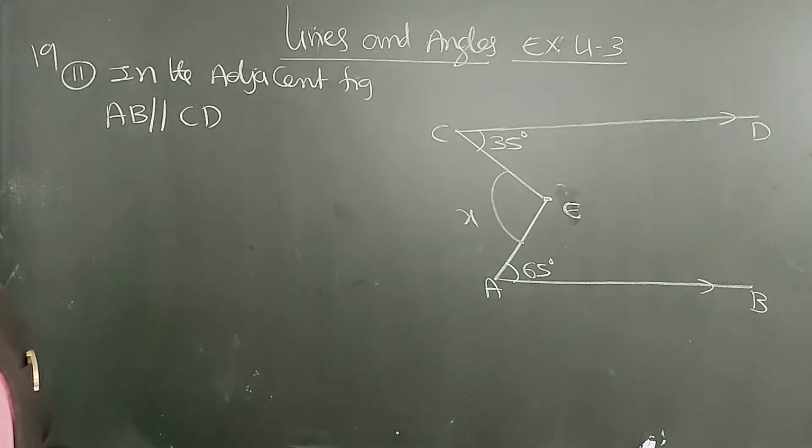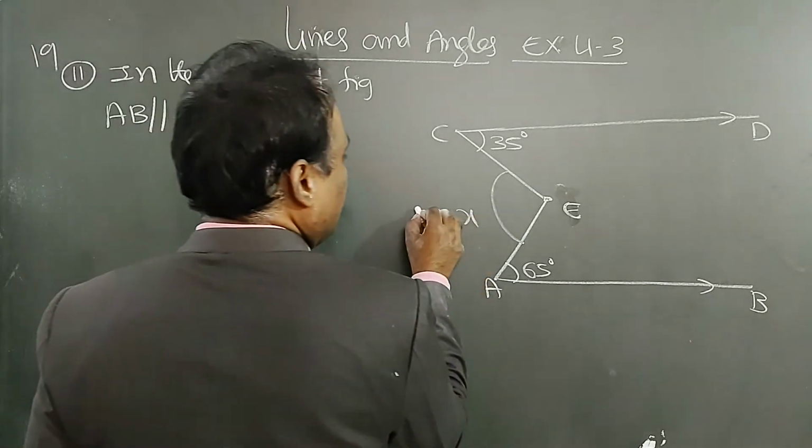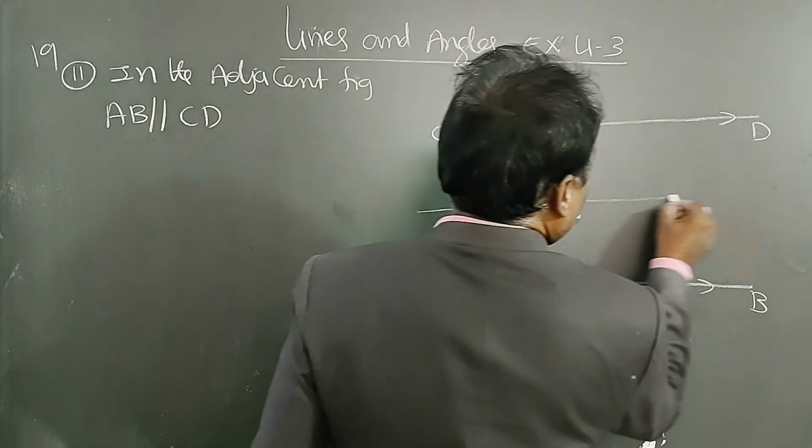For finding the X value, I am doing a small construction. That you have to remember. From E, I am drawing a horizontal line.